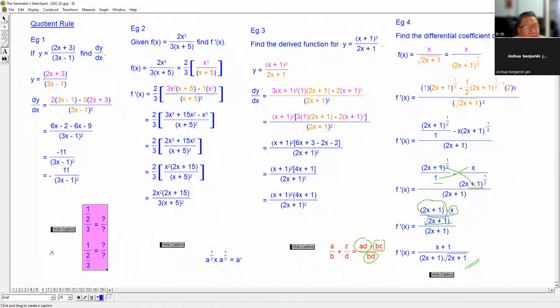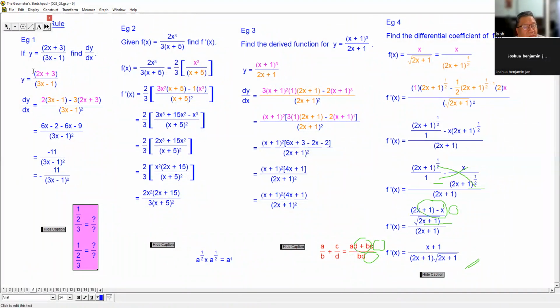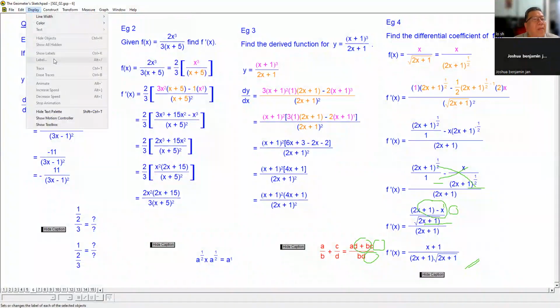You see any difference between these two or not? The equal sign, one lower, one upper.